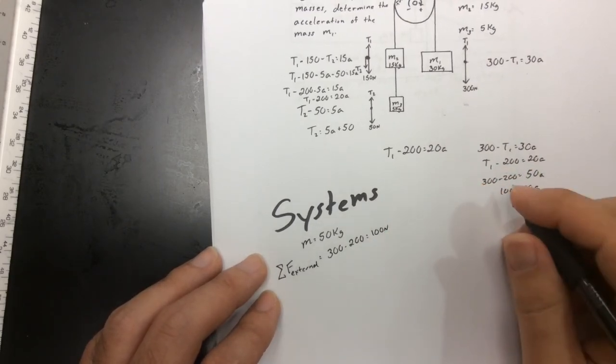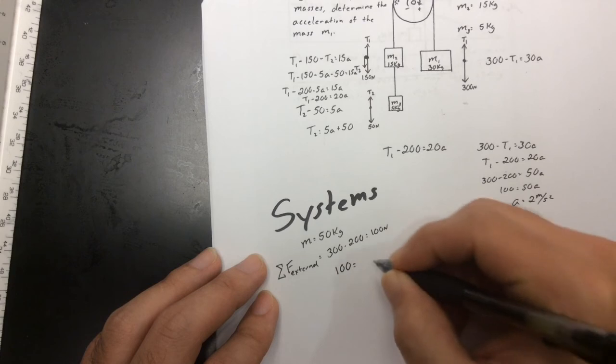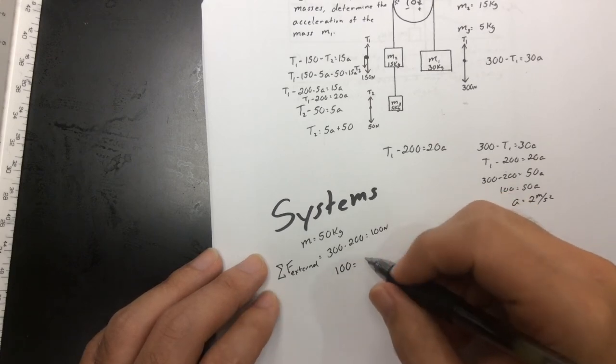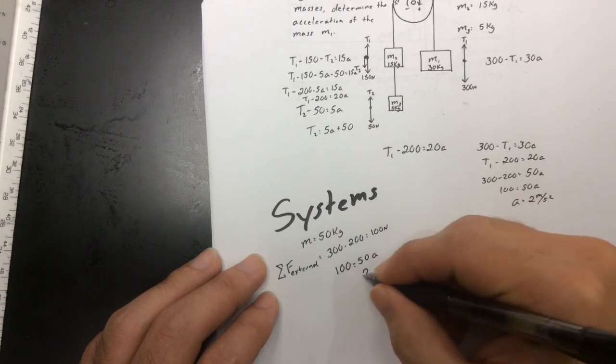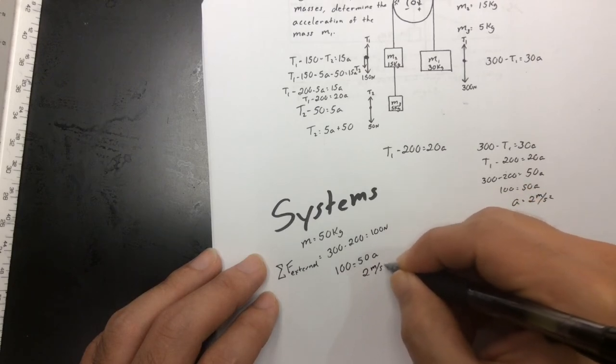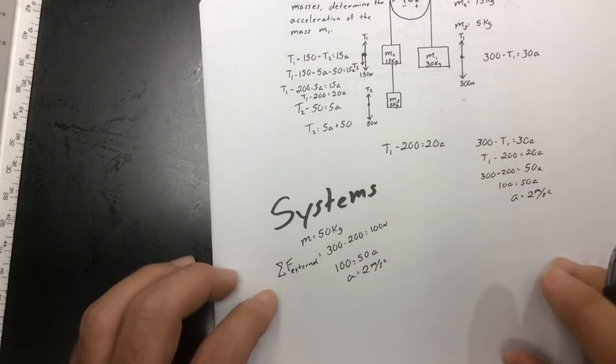So 100 newtons is what's trying to rotate this thing in the clockwise manner. If 100 is our force, force is equal to ma. How much m are we trying to move? That's going to be 50. So A would have to be 2 meters per second squared. And that would be the quick way to do it.